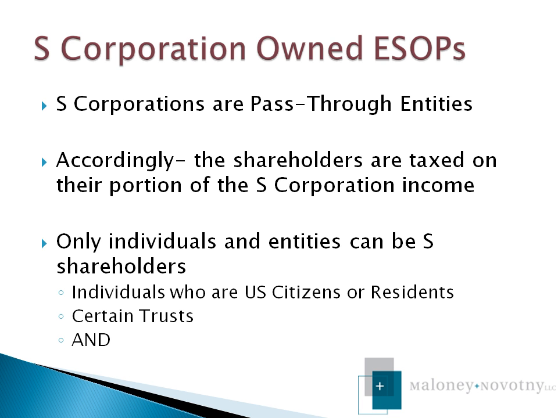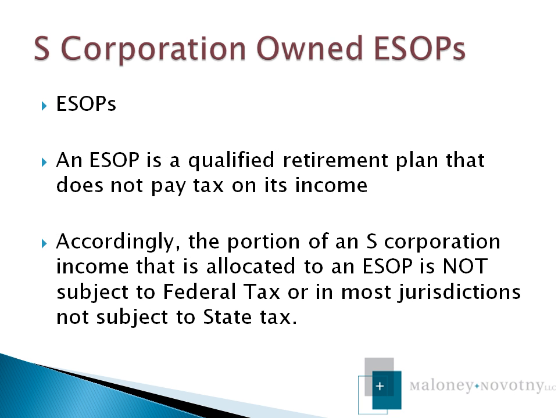Certain trusts can be S shareholders, and starting in 1998, ESOPs. And an ESOP is a qualified retirement plan, as we said earlier, that does not pay tax on its current income. Just like an IRA or any kind of profit-sharing plan, income that it gets from selling stock or dividends from IBM that it may hold as an investment would not be currently subject to tax.